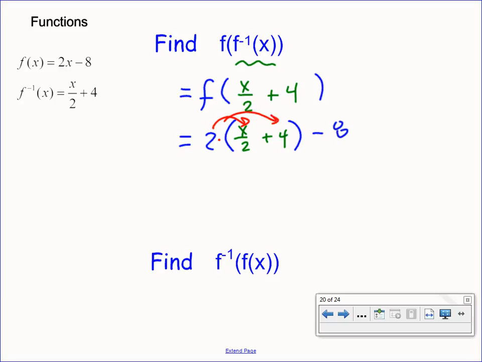So after substituting f inverse of x into f, I'll distribute. 2 times x over 2 is just x. 2 times positive 4 is plus 8. And then I still have the minus 8 chilling on the backside. Combine like terms, and what do I get? I get x.